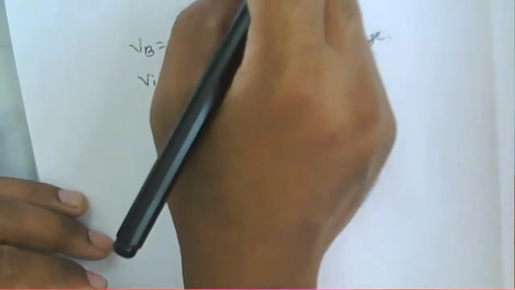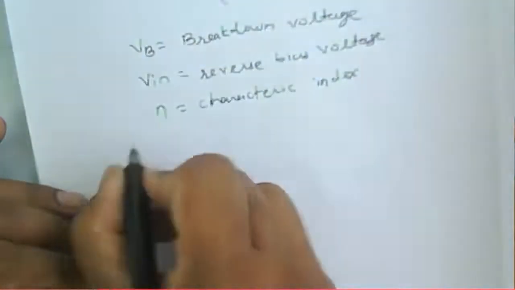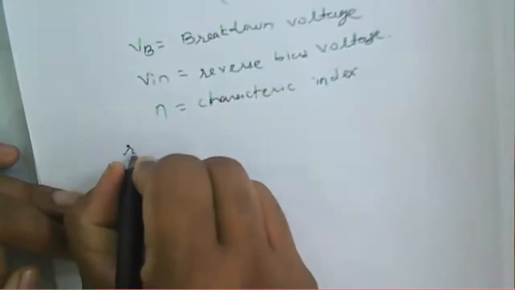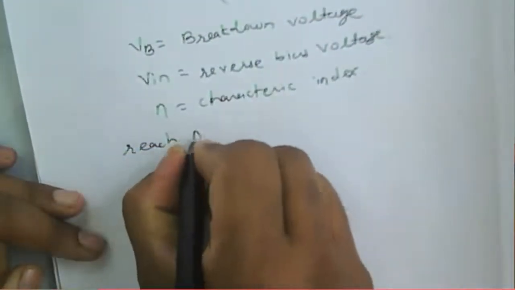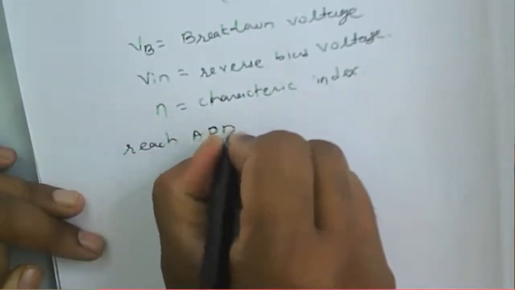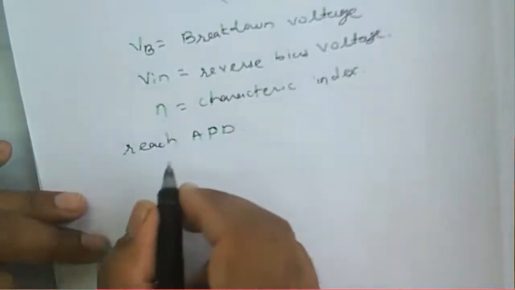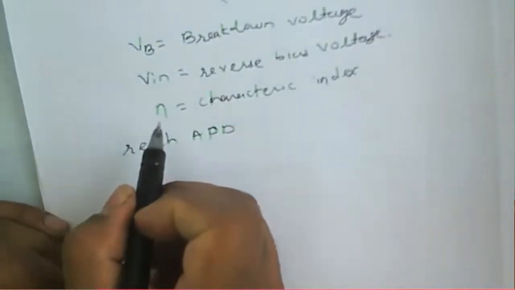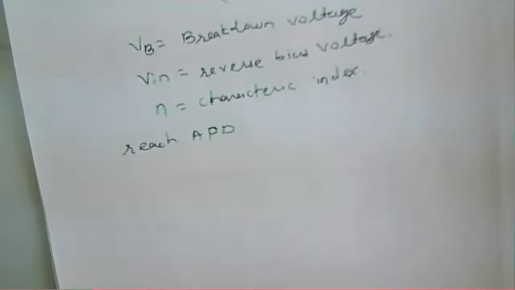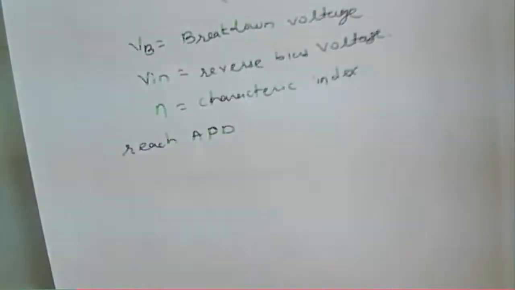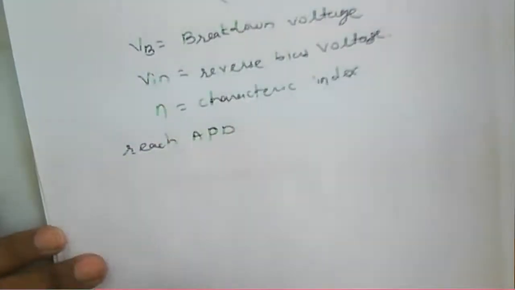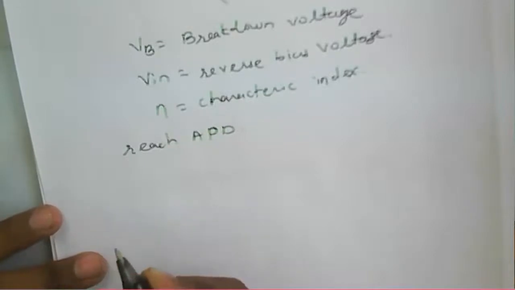In all other books they have used reach APD because it will generate a larger number of electron and hole pairs. So that's why they call it APD.